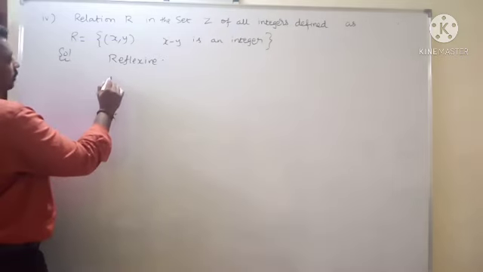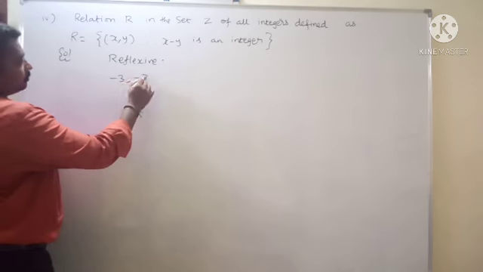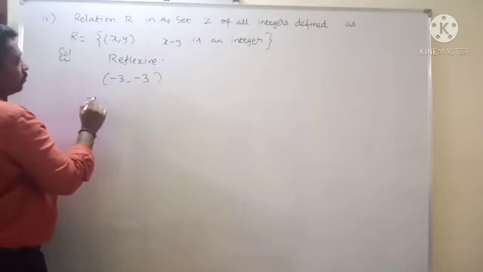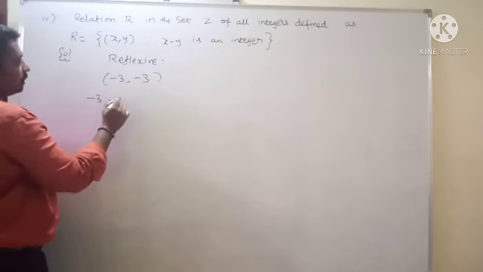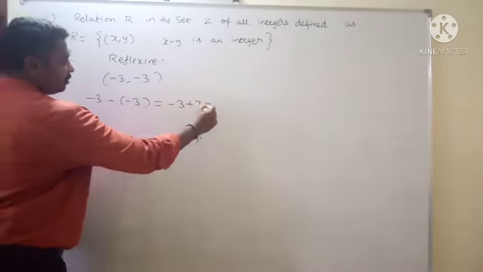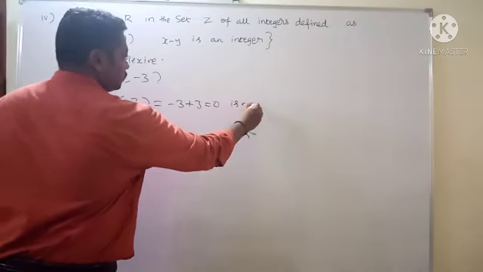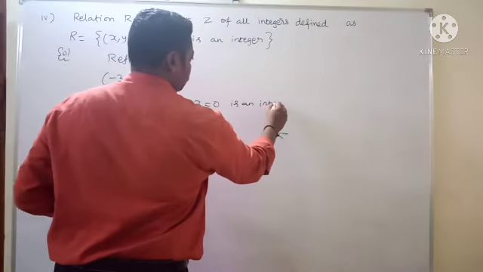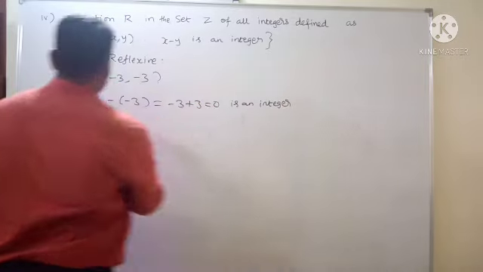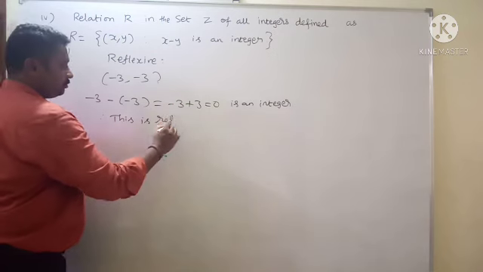Take minus 3. Minus 3 minus minus 3 equals minus 3 plus 3 equal to 0. So 0 is an integer, right? Therefore, this is reflexive.